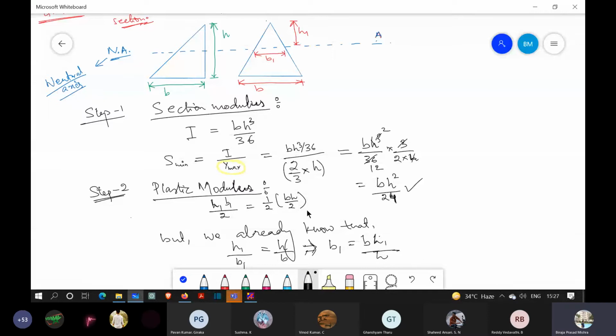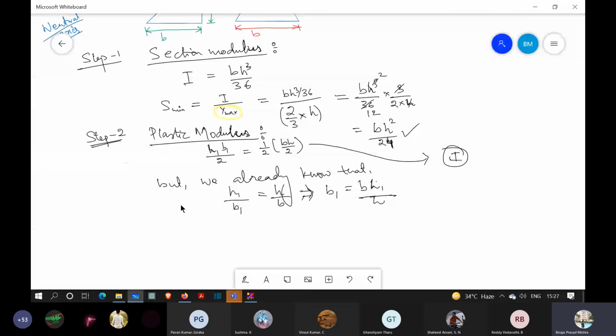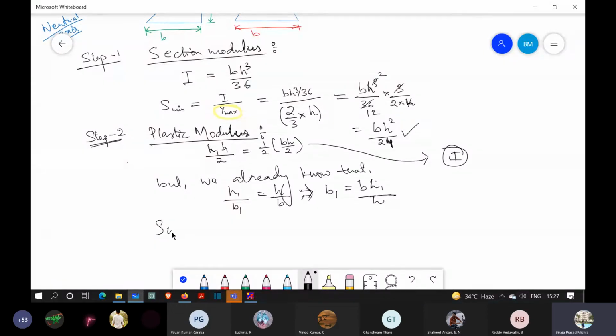So let us say this is equation 1. If we substitute the value of B1 in equation 1, we have H1 into BH1 by H equals BH by 2.